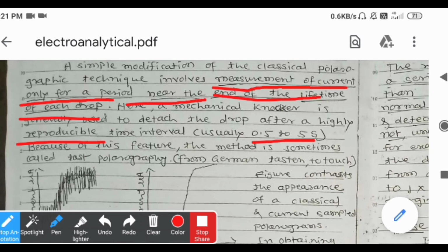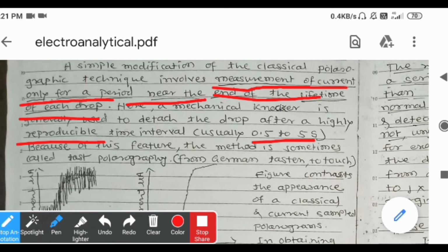So the current is measured at a particular time interval, and the drop is also knocked off at a particular time interval. So we get a more precise drop size, as well as less interference from the sudden decrease in current due to the drop size change.